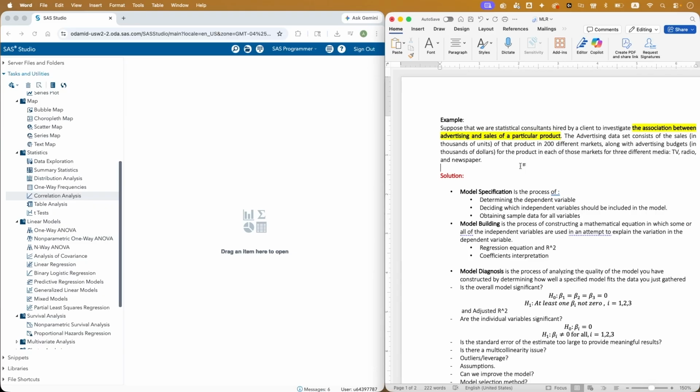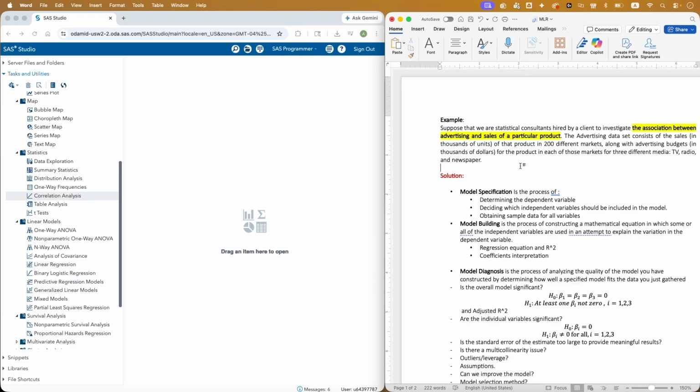Also, we are budgeting the advertising for this client in thousands of dollars for the product in each of the markets. They have three different media. They want to put money on TV, on radio, and on newspaper. They want to come up with an idea of how many units they are going to sell if they put some money on each of these media.